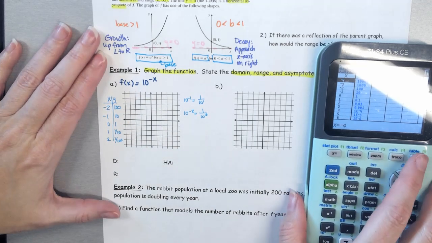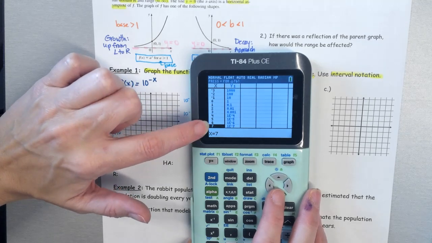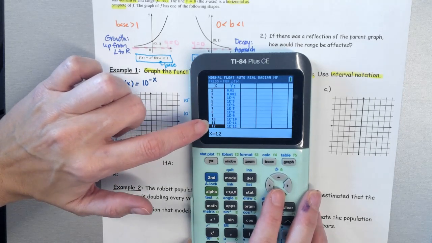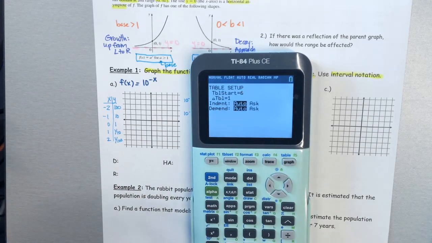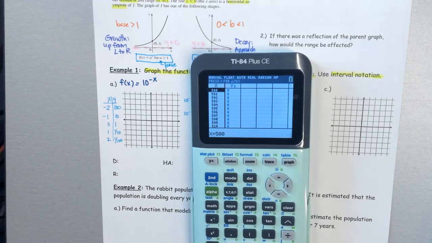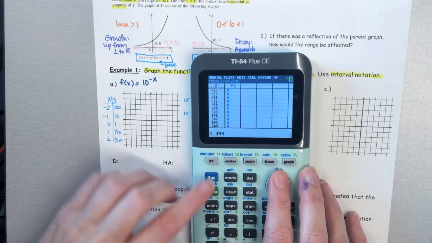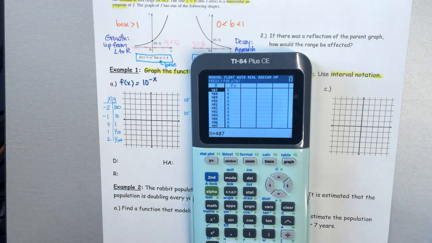Okay, and then if you keep looking here, you can see the scientific notation happening. It's getting closer and closer to 0. It's never going to cross it. You can always do your table, start at 500 and see what happens. Oh, that's really too big. So it will end up rounding it to 0 because the numbers are just so large.